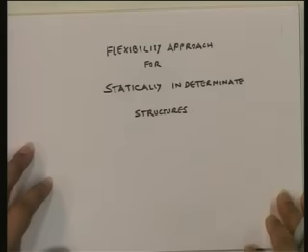How do we apply this? Well, in reality, it's actually very, very simple. The reason behind it is that, well, even in a statically indeterminate structure, what do you do?